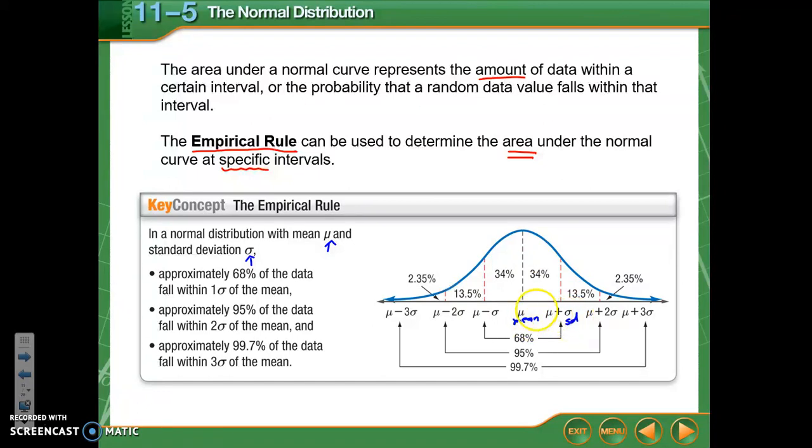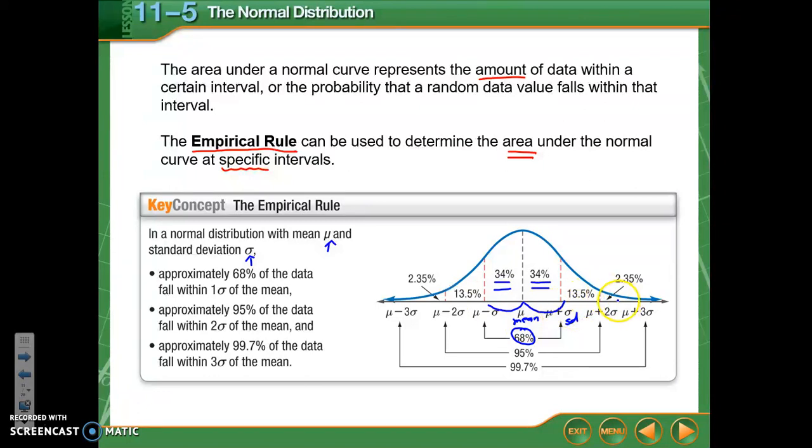If I take my mean and add one standard deviation, in this section there will be 34% of my data. If I subtract one standard deviation, I have 34% of my data here. So that means that 68% of my data is within one standard deviation below or above the mean.